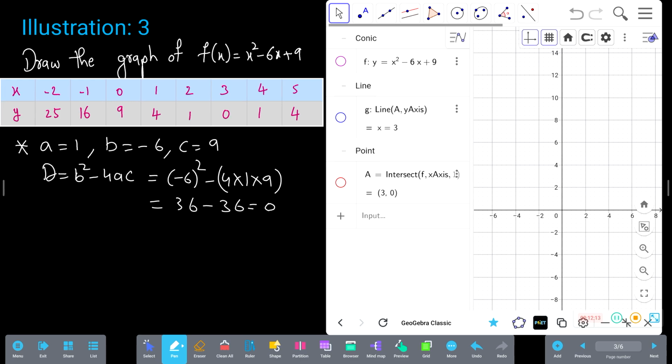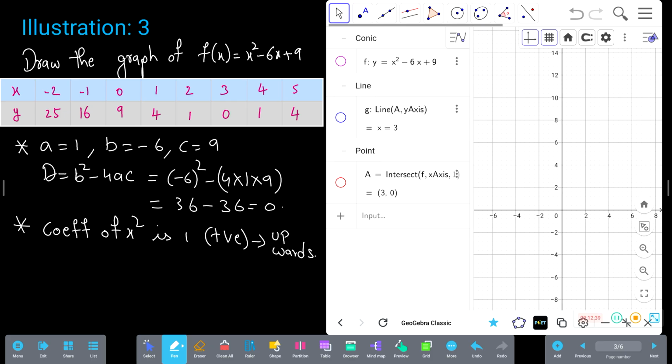Okay, so in this we can say, what is the coefficient of x square? That is 1. So this is a positive value, therefore this parabola will be looking upwards, right?